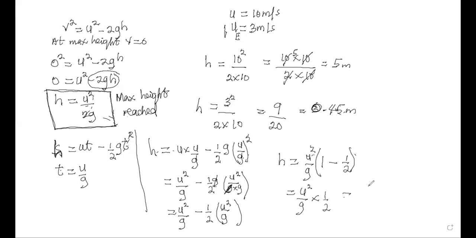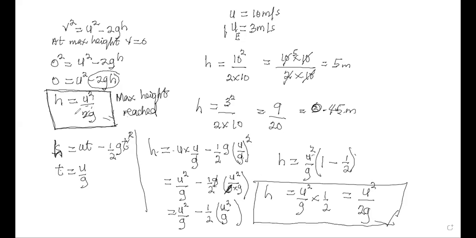So multiply numerator, U squared, multiply denominator, 2G. We have the same formula as we used equation 3 to derive. So you can derive this using equation 3 or equation 2. And that is H, the maximum height reached.